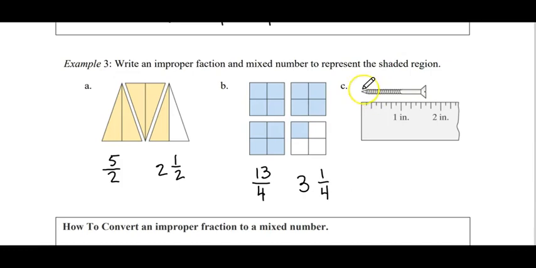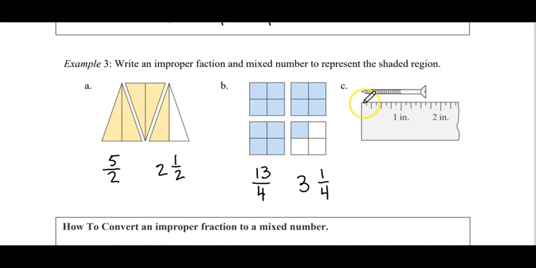Then here we come to the last example. My nail here is protruding beyond 1 inch, so I am going to take a look at the tick marks, because 1 inch is one whole, and I'm going to get the denominator from those tick marks first.